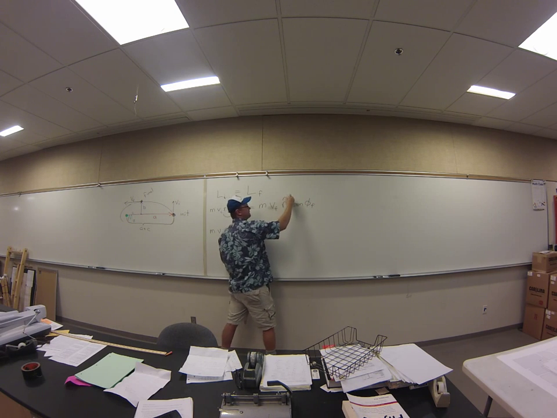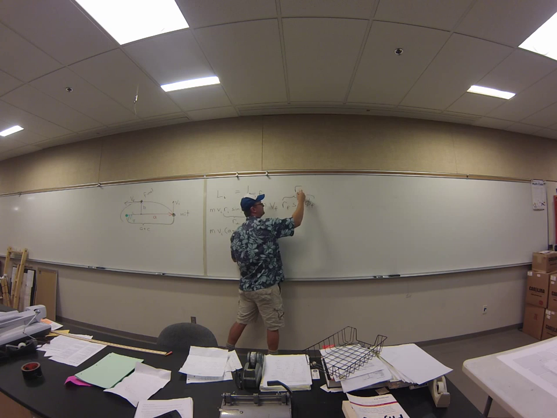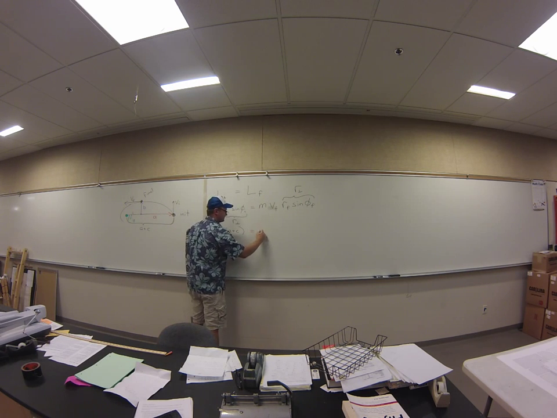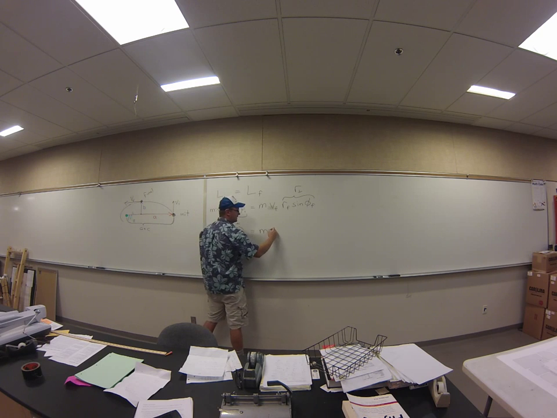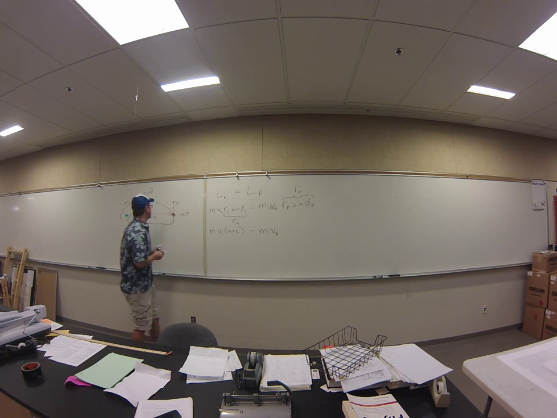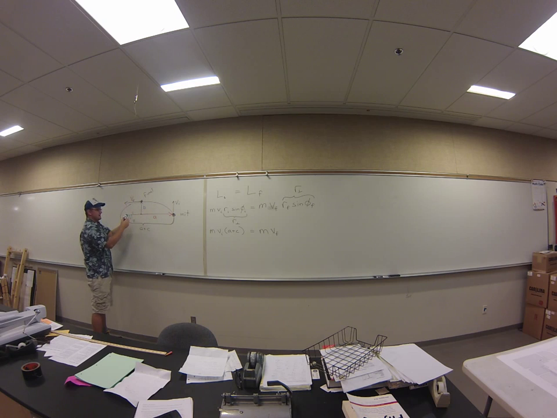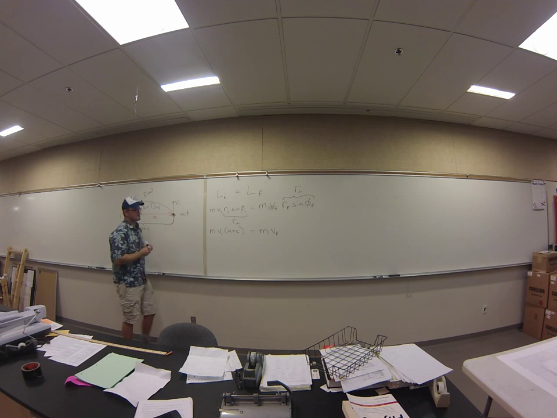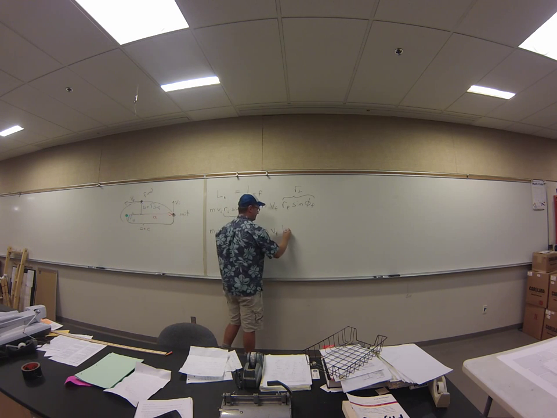Again, this is our final impact parameter. In this case, that's going to equal mass V final, and in this case, notice the impact parameter is B. So that's the final impact parameter. So that's going to be B.